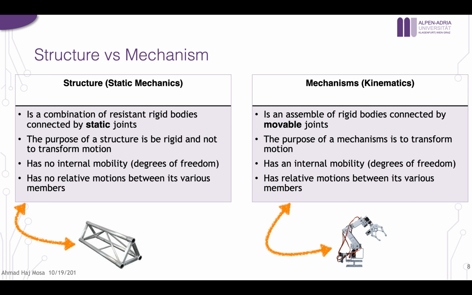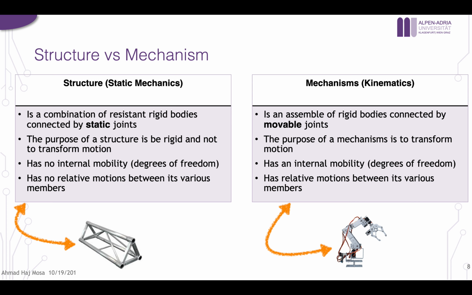So we have, as I said, different solid components or rigid bodies, and these rigid bodies are connected together by static joints, like welded joints, for example, which means it has no internal mobility that we'll talk about later, which means it doesn't have any degrees of freedom, has no relative motion between its various members. So basically they don't transfer motion between each other. And so it's basically what is called structure or static mechanics.